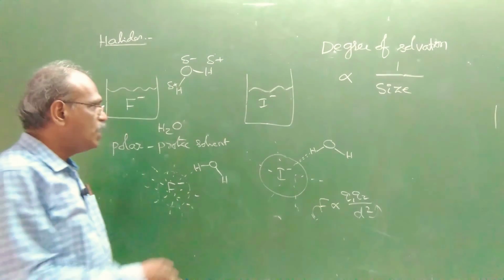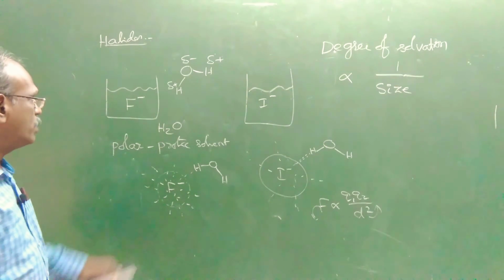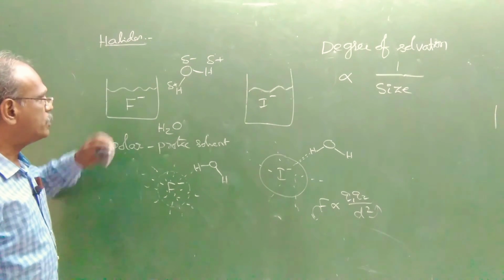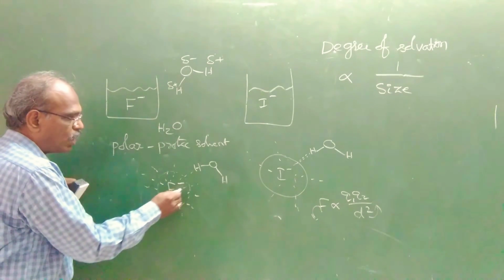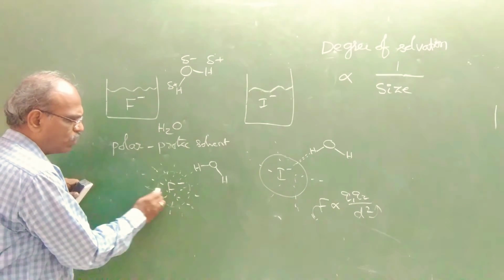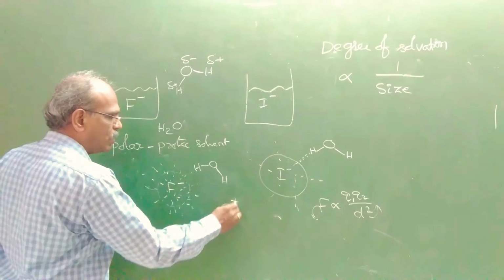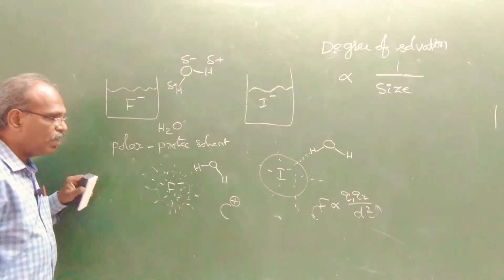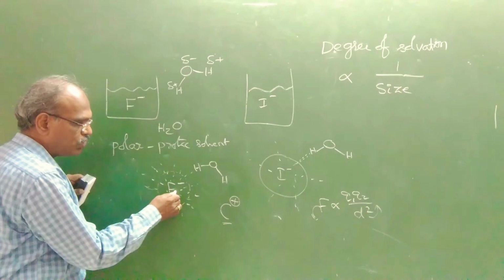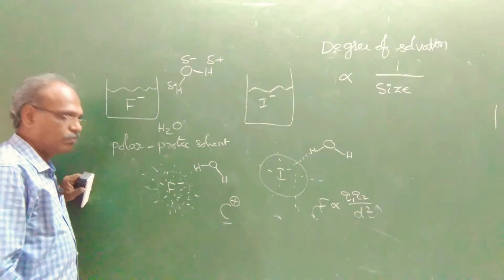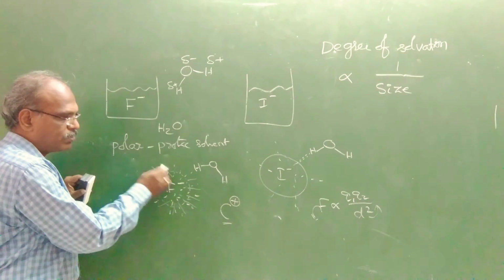If the degree of solvation increases, what is its influence on nucleophilicity? If it is surrounded by more solvent molecules, now tell me, say this is an electron deficient center. How can this electron deficient center approach it, because of the large number of solvent molecules?